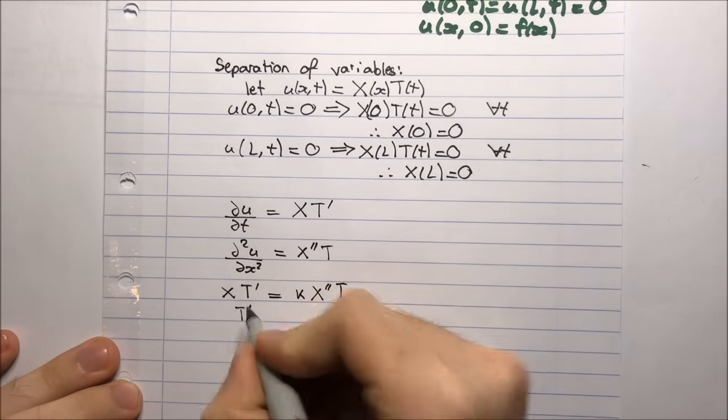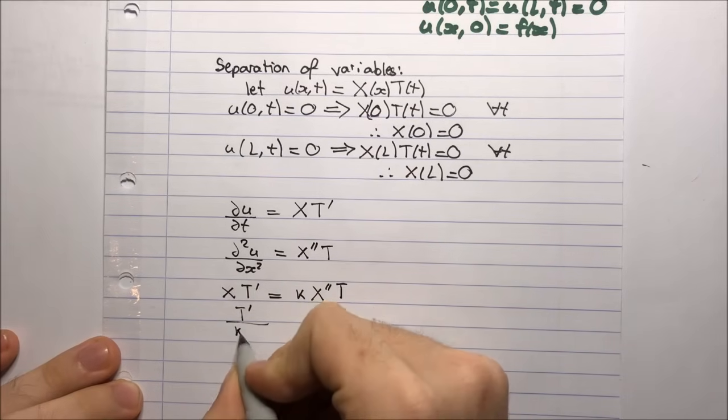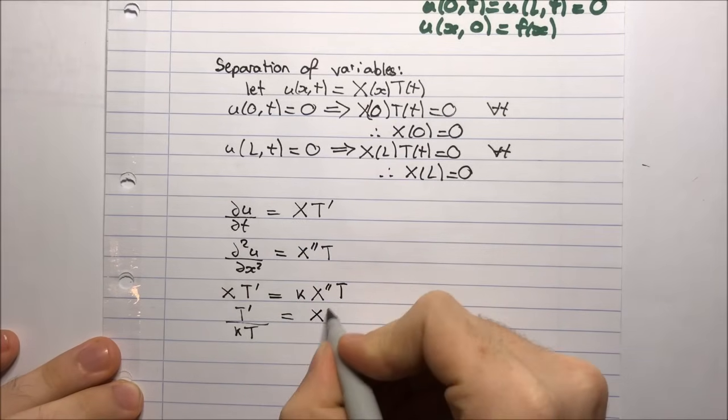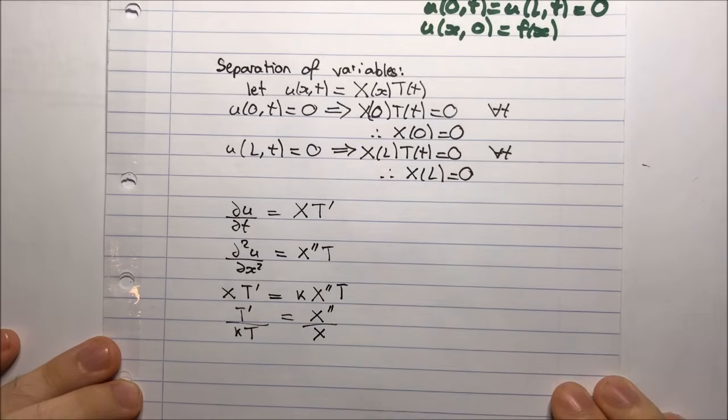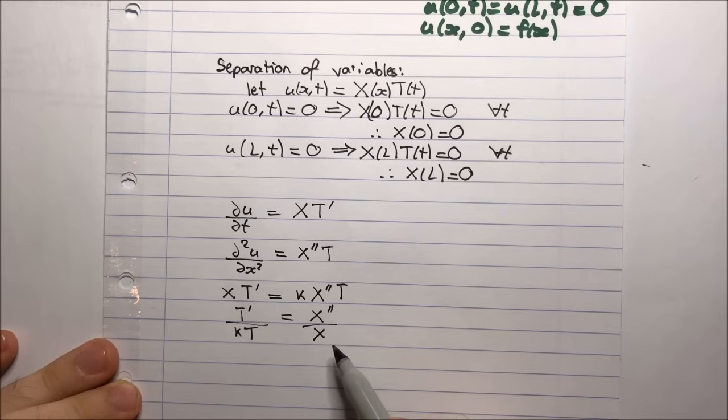So I have dividing by T, and I'm going to also bring the kappa down as well. T dash on kappa T, and then I'll divide by X, so I'll get X double dash on X. Now, here I have, in the left-hand side, something that is completely dependent on the variable t. And in the right-hand side, I have something that is completely dependent on the variable x. But the two of them are equal.